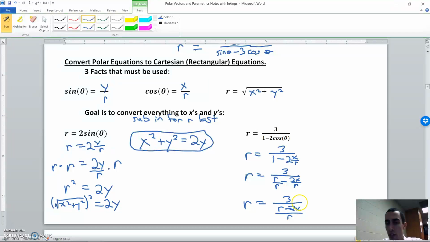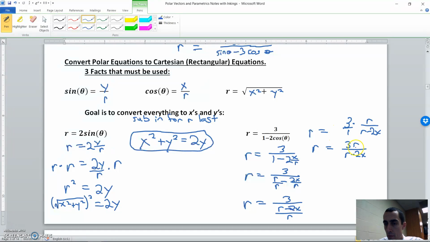Keep the 3, change divide to multiply, and then flip that bottom fraction. So keep 3, multiply by the flipped form of the fraction. Three times r up top is 3r, and then 1 times r minus 2x looks like this.